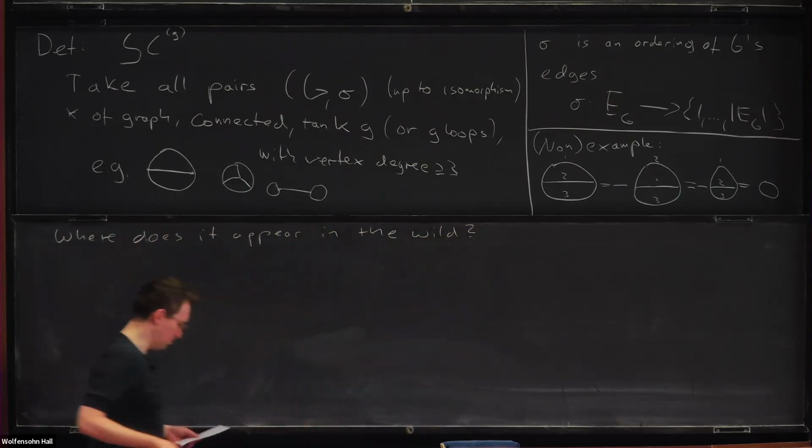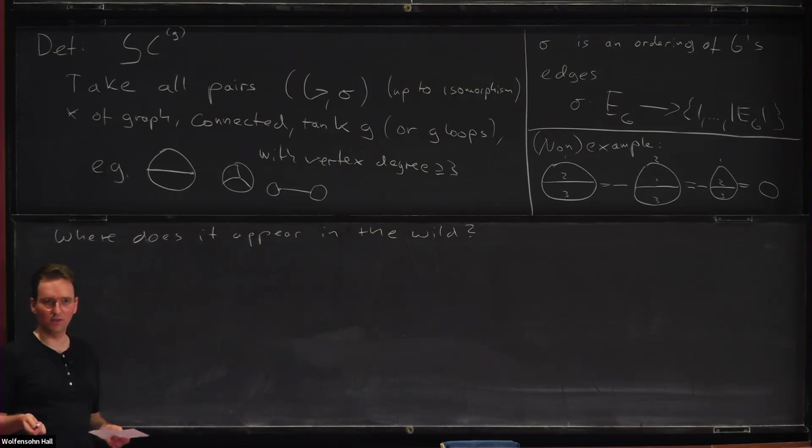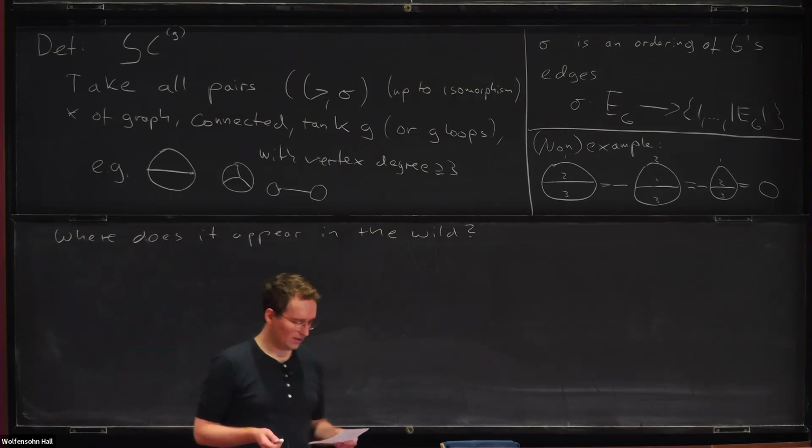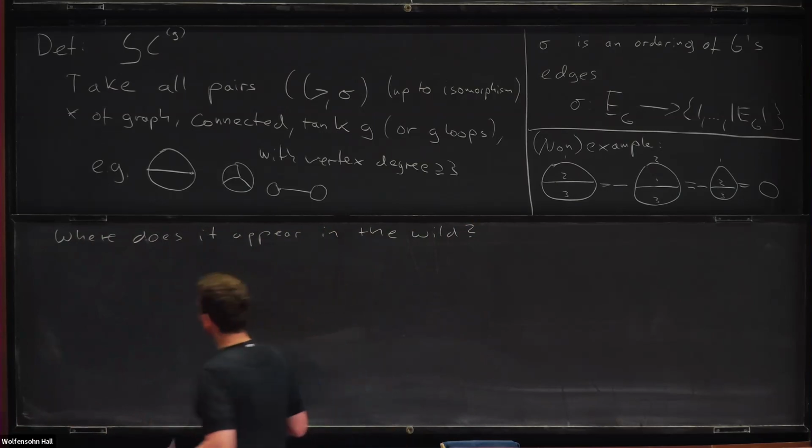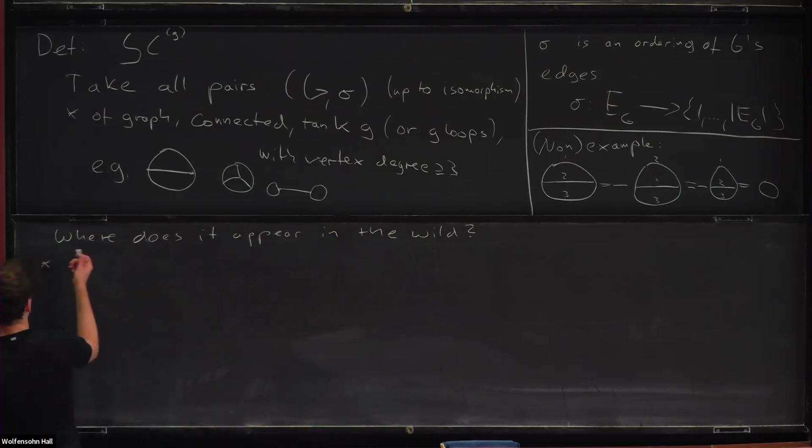Of course, I should mention first the original motivation Kontsevich defined this for, and this is very physical. This is deformation quantization. This was the original purpose of the graph complex.